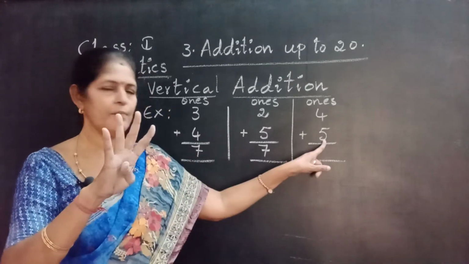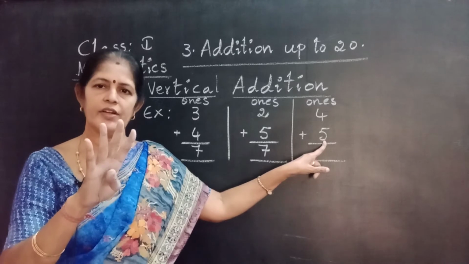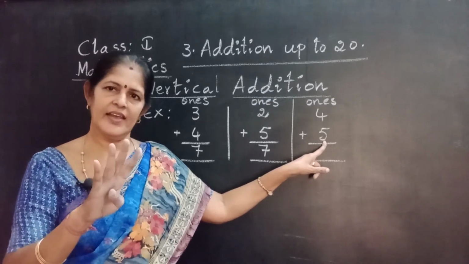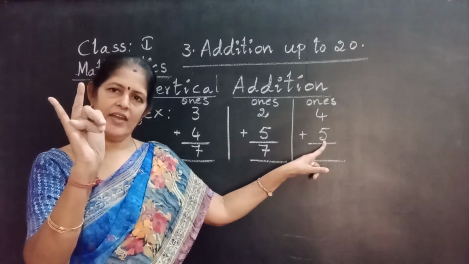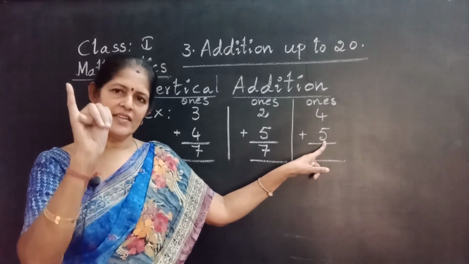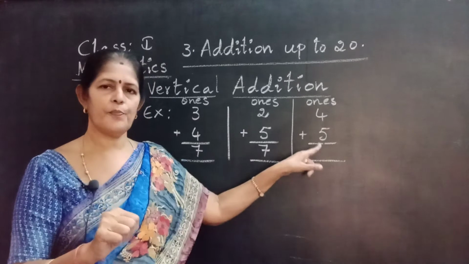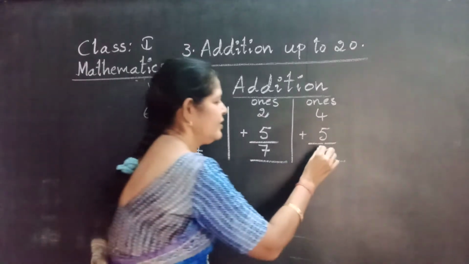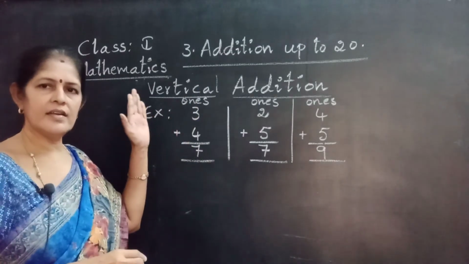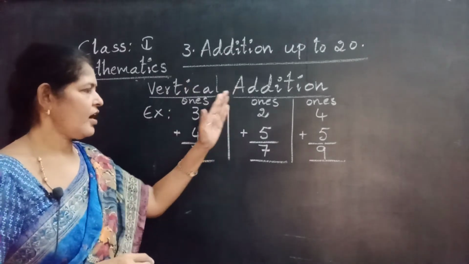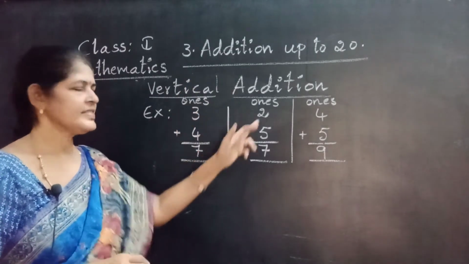The second number is 5. Start counting after 4: 5, 6, 7, 8, 9. That means 4 plus 5. What is the total? 9. This is addition, vertical addition of two one-digit numbers.